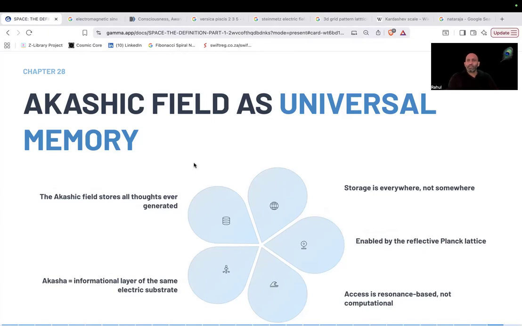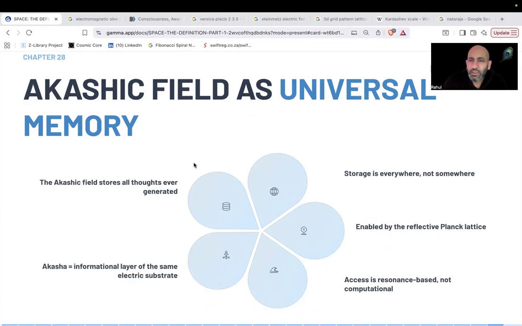Akashic field as universal memory. Yeah, correct. So it's really a universal internet. All information available all over, freely accessible to all beings within its universe, provided you know how to access it.